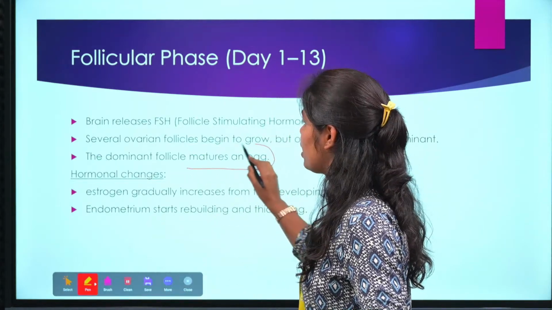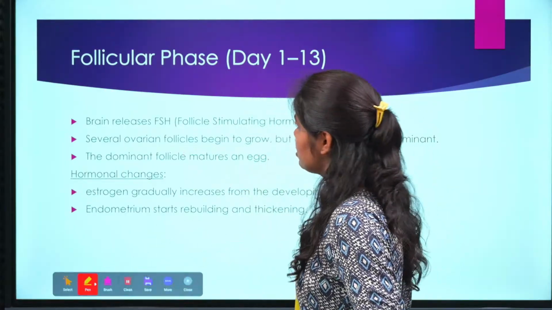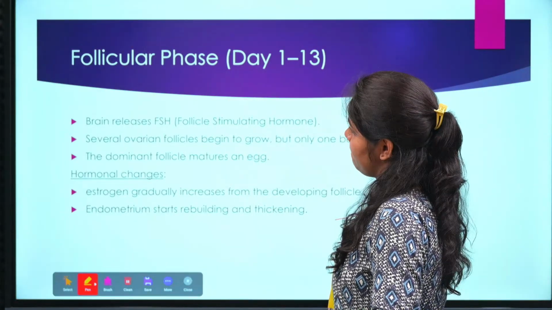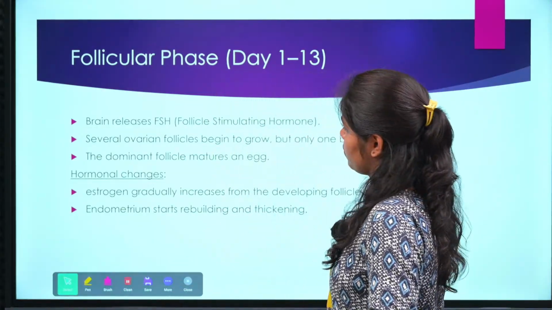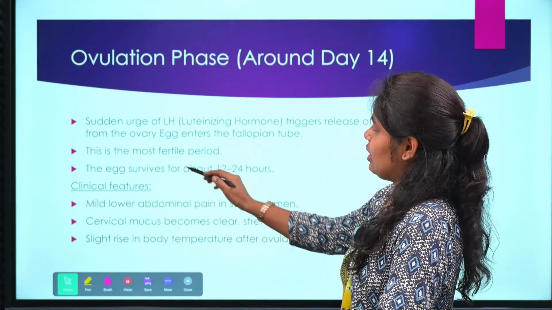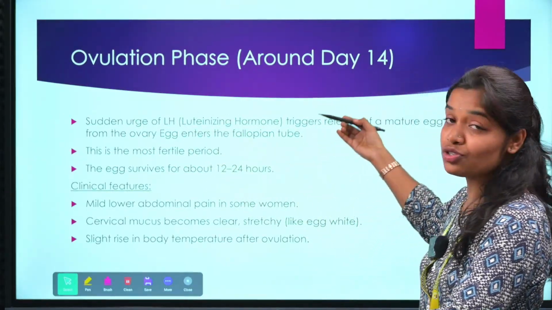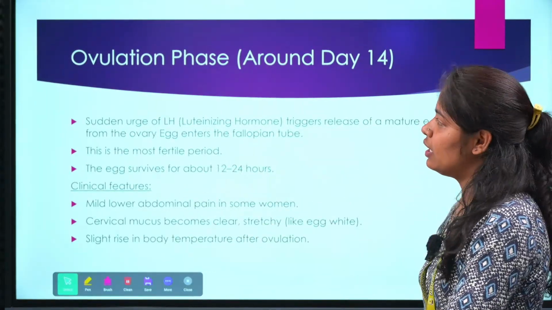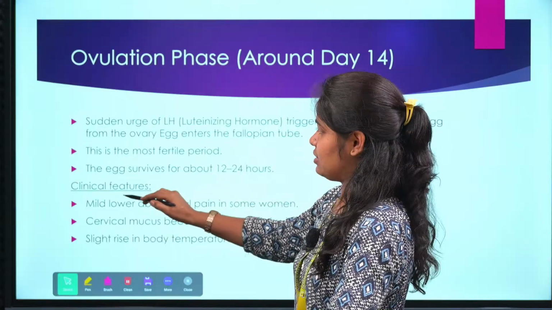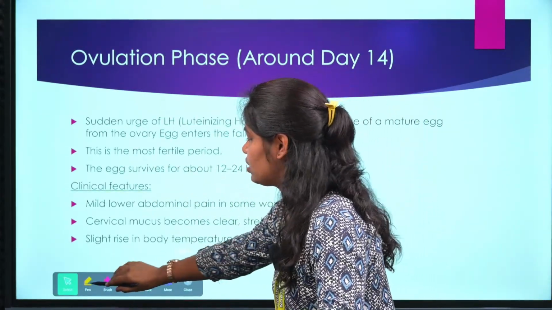The mature egg is prepared in the follicular phase. Here the sudden surge of luteinizing hormone helps to trigger that mature egg, which developed in the follicular phase, and this will enter the fallopian tube.